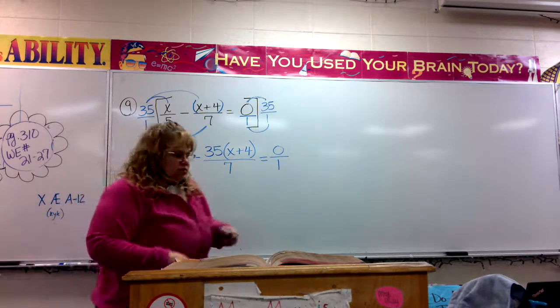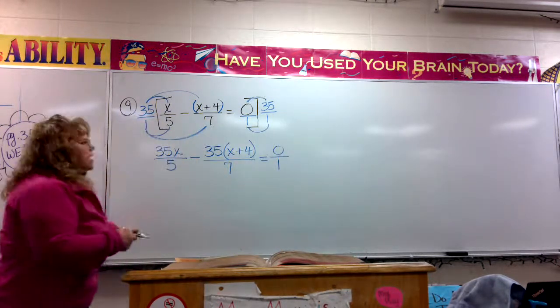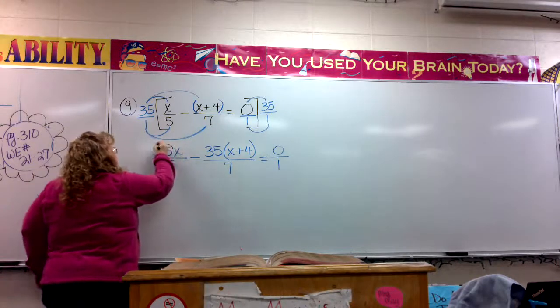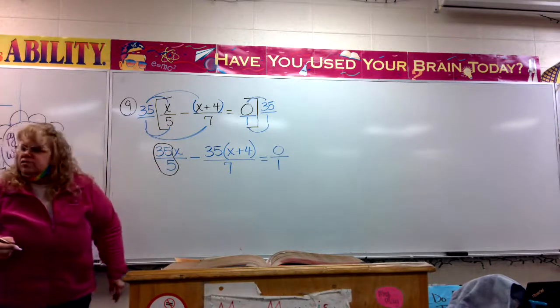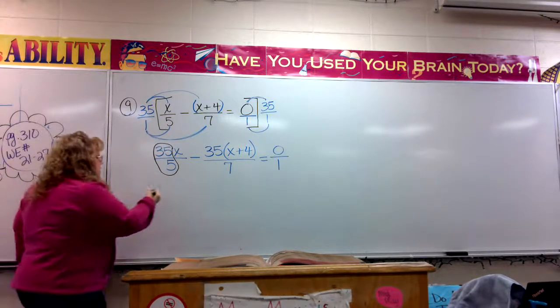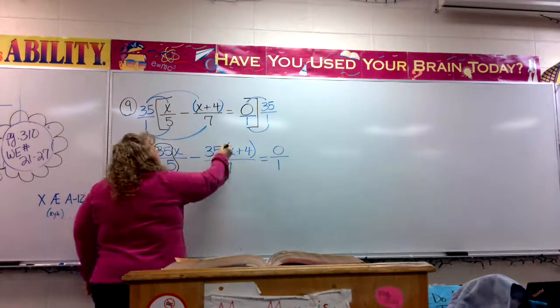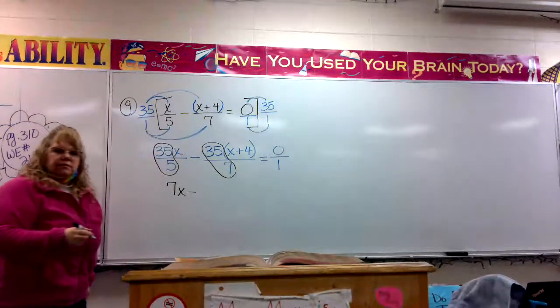It sort of looks like a mess at this point, but what you have to do now is go back and simplify. What is 35 over 5? What is 35 over 5? Right, it's 7. And what is 35 over 7?